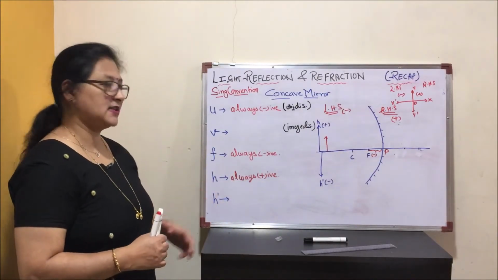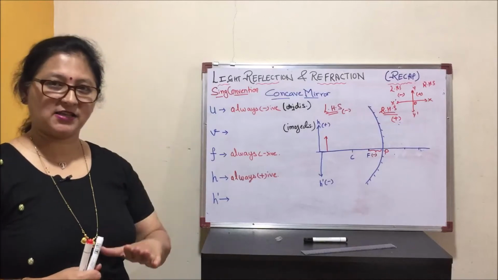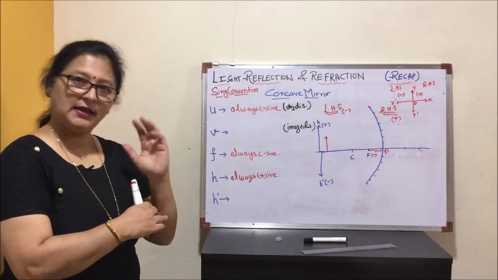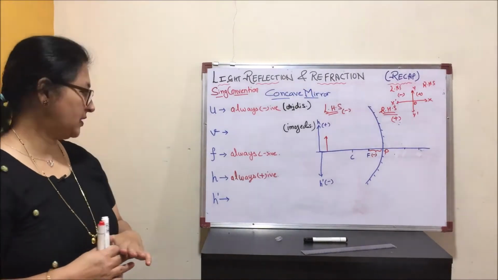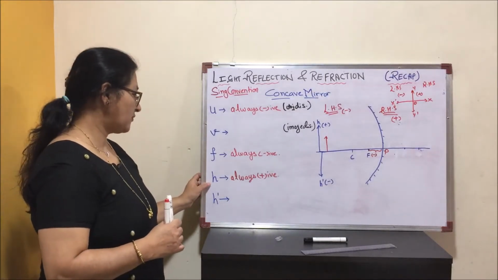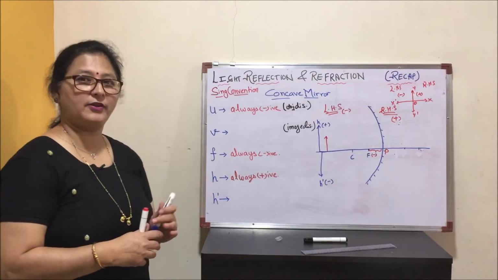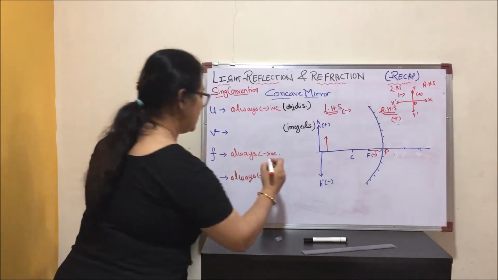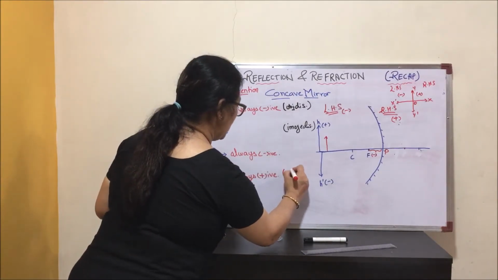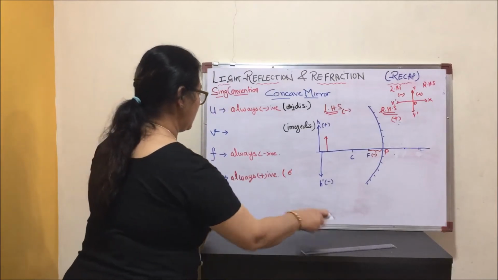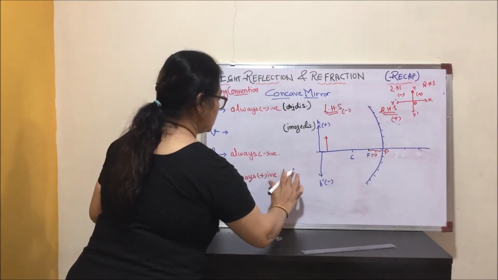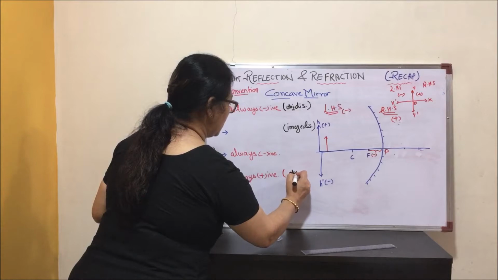Now H stands for height. So height of an image or height of an object, right? H stands for height of an object and H dash stands for height of an image, right? So I'll write that height here. This is height of an object, right?